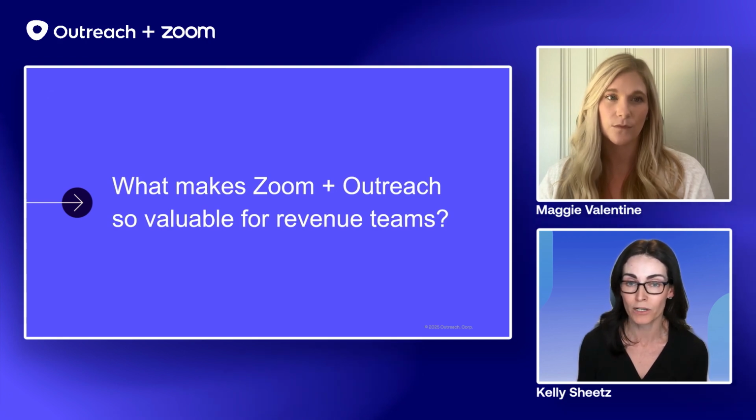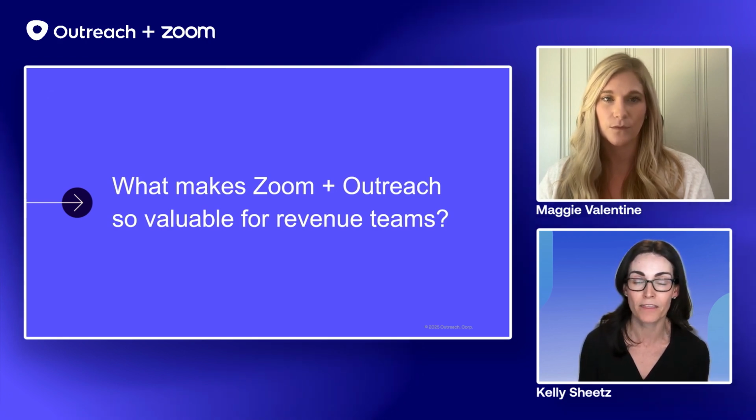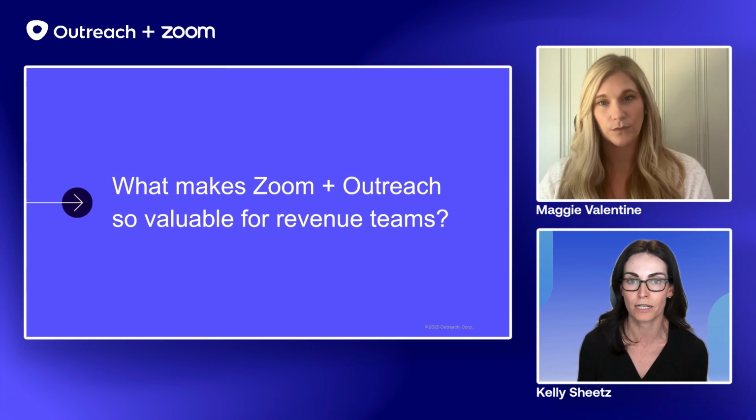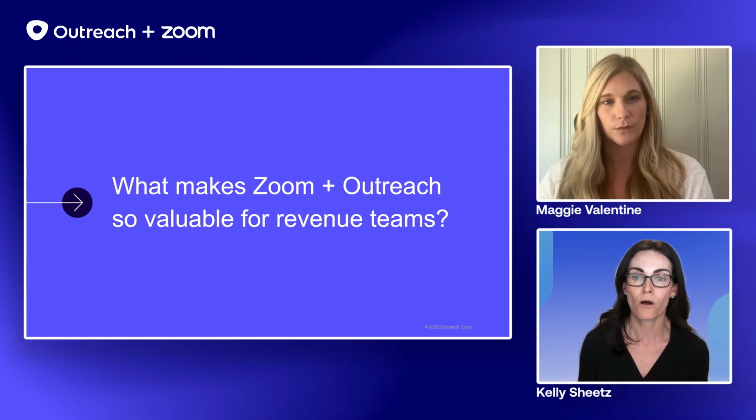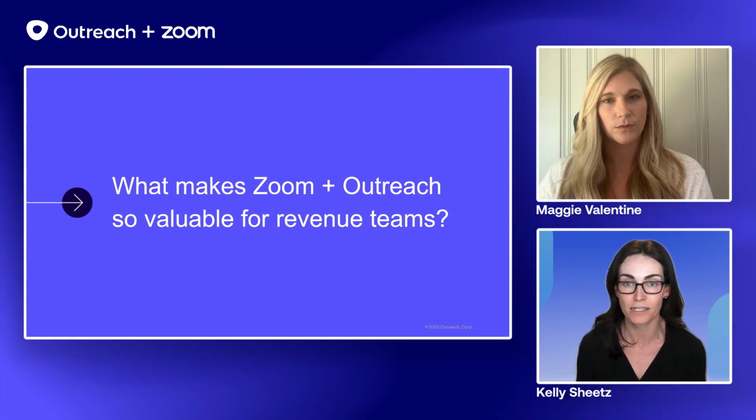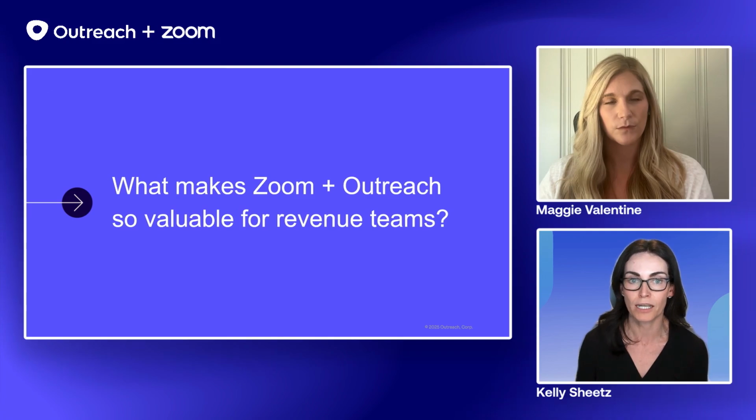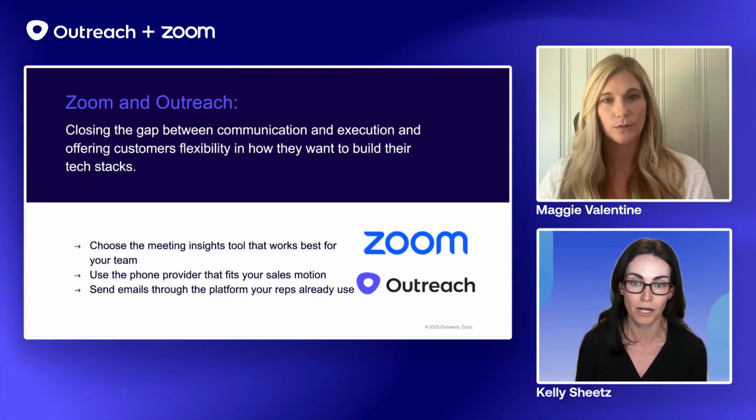That could be our AI companion, that could be Kaya, that could be your conversational intelligence of choice. We're also doing that with our phone providers. You could be using Zoom Phone. Outreach has a dialer capability. So there is so much flexibility in what works best for the sales motion for that particular company.